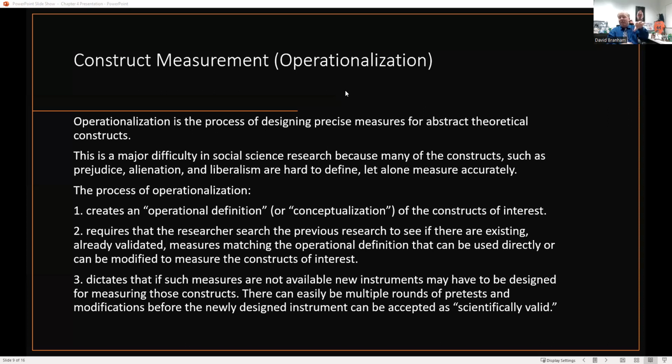Operationalizations of prejudice in the past have made assumptions about how people feel about people of different races. There are a lot of people who have different opinions of people of a different race. Some people think that people of a different race are no different from them, and that is the core of their opinion.